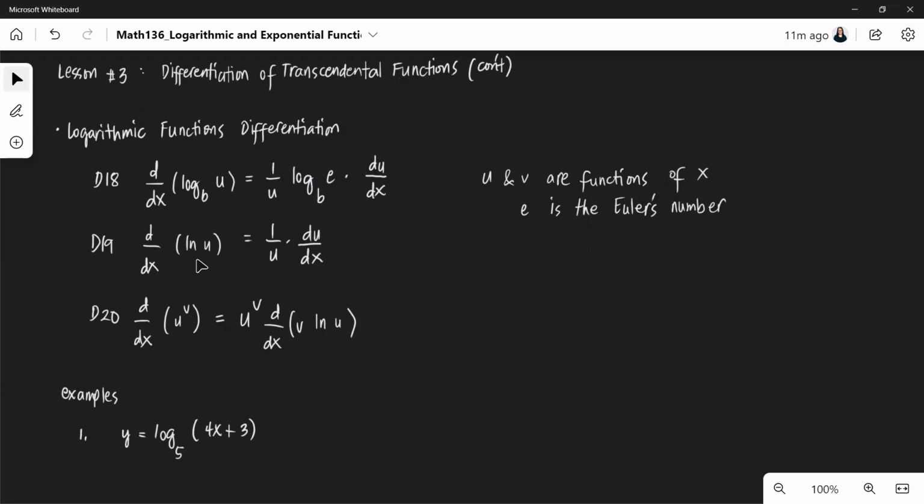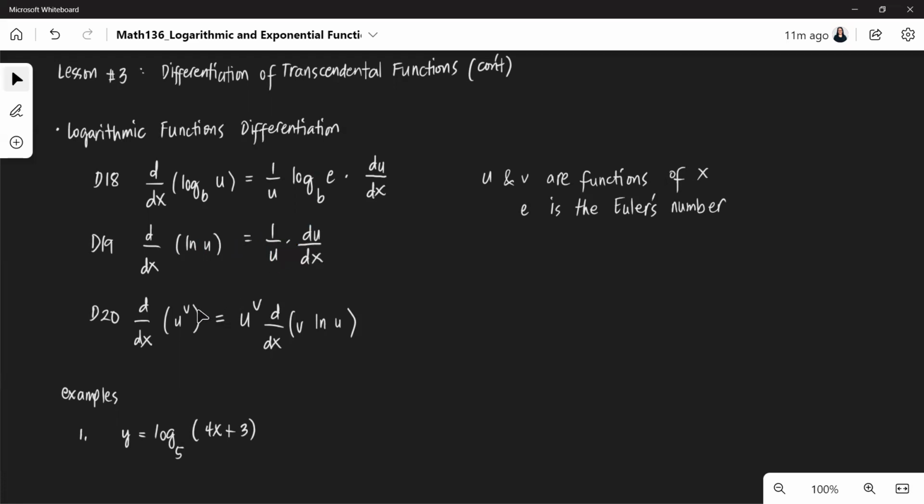Then, if we have natural log, meaning the base is e, ln can be written as log to the base e. You can recall that from your high school mathematics class. So the derivative of ln u, where u again is a function of x, is 1 over u, and then multiply it with the derivative of u with respect to x.